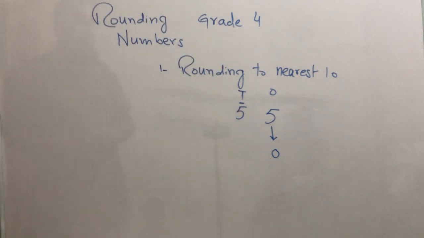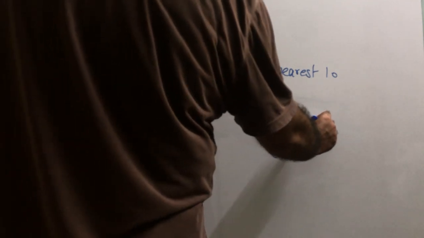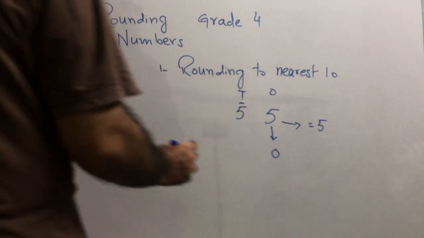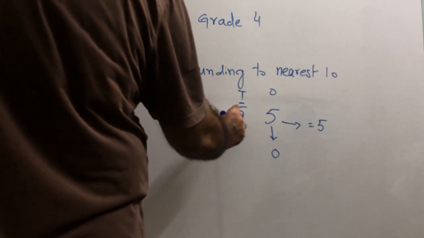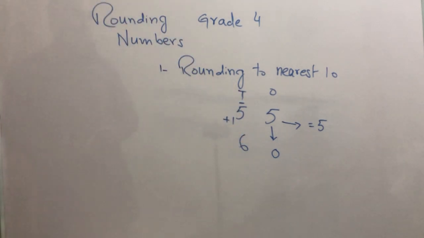We don't need ones. The second thing is that the number on the ones place is equal to 5, so we still add 1 to the tens place and it becomes 5 plus 1, 6. So the answer for 55 is 60. So when we round 55 to nearest 10, it becomes 60.